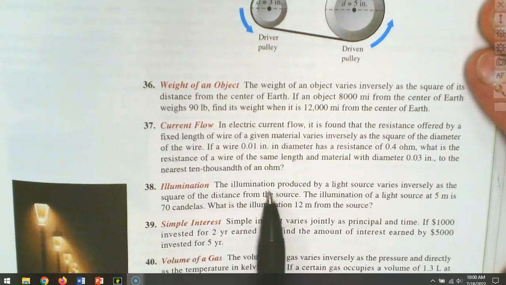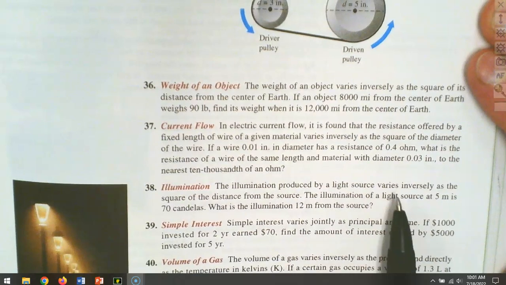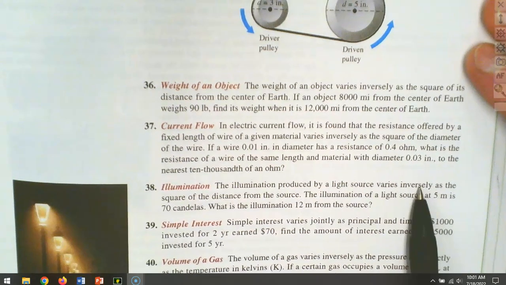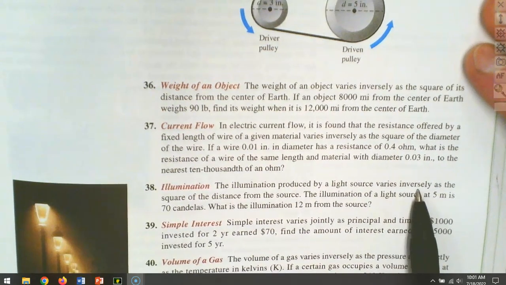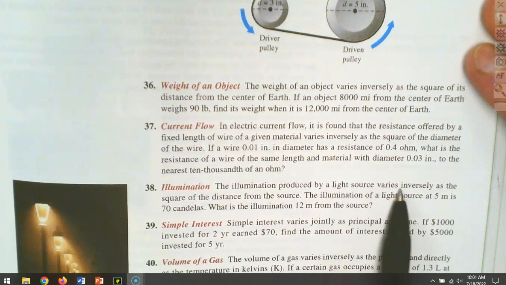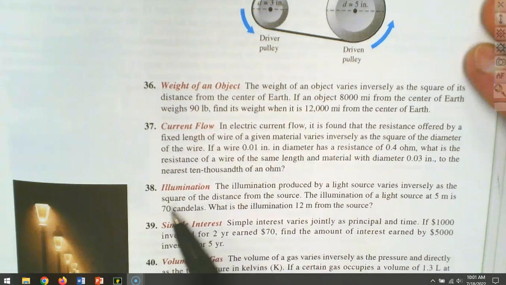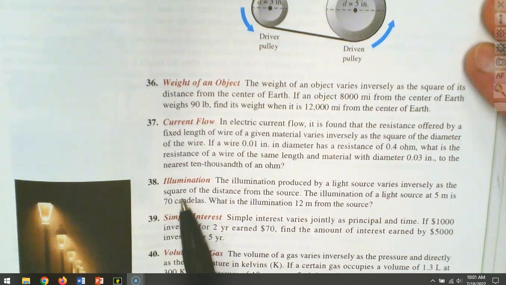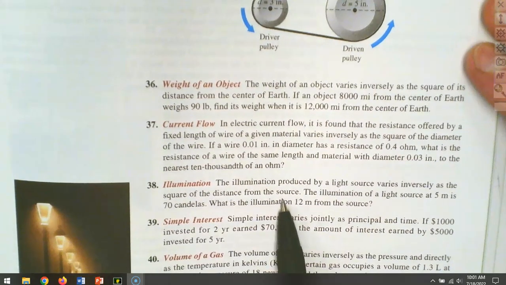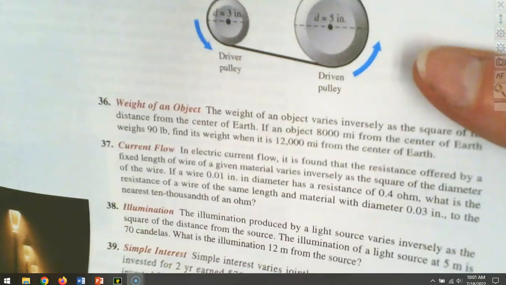The illumination produced by a source light varies inversely, so that means we've got a fraction, so very important with the wording here, inversely as the square of the diameter of the source. You can label these however you would like. We know that it's inverse variation, so that means it's going to be a fraction.